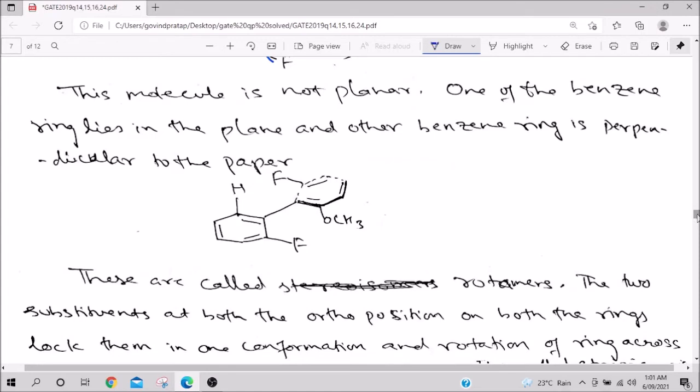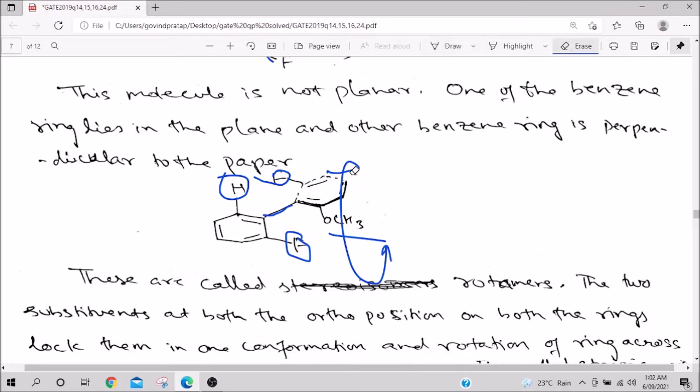Let us for time being, I want you to explain, see, as I told previously many times, my idea is not just to solve the problems for you, my idea is to teach organic chemistry. Imagine if this were bulky, then how it would have been optically active, I want you to understand. So, what happens if these two were bulky, then this will be locked in conformation and free rotation will not be allowed.